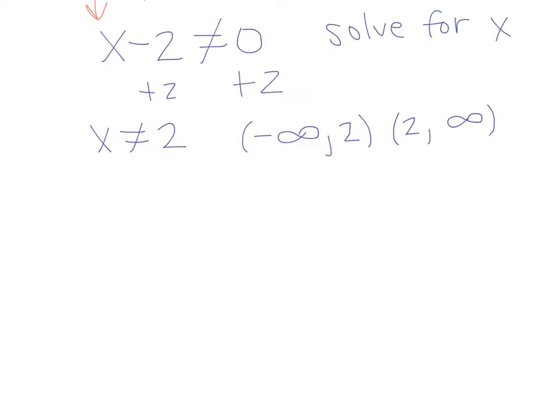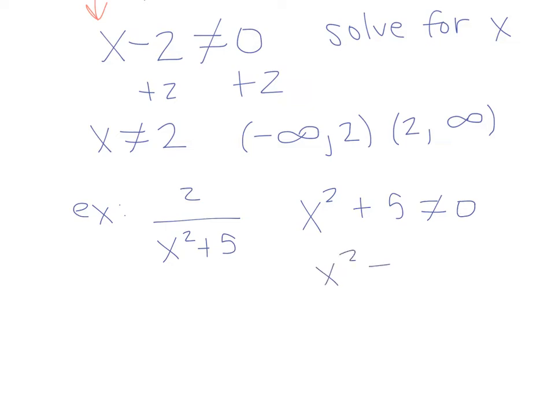Let's look at another one where we want to find the domain. Let's take 2 over x squared plus 5. To find that domain, we take that denominator and set it not equal to 0, and then solve for x. So if we subtract 5 from both sides, we get x squared not equal to negative 5.